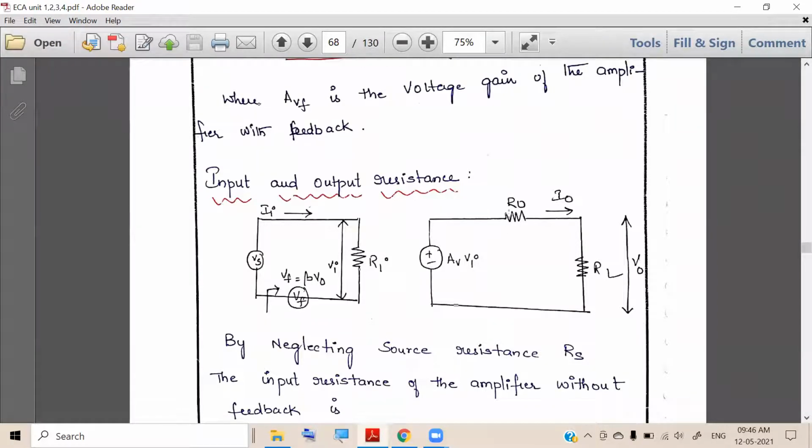For general analysis, I naught we take clockwise. I hope you observed this in the first unit also. So for finding output resistance, V naught is I naught R naught plus A_V V_i.